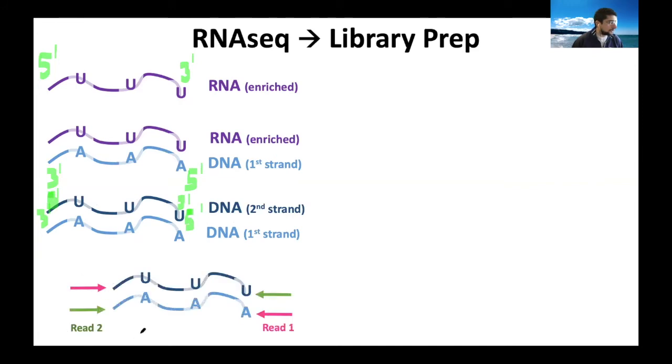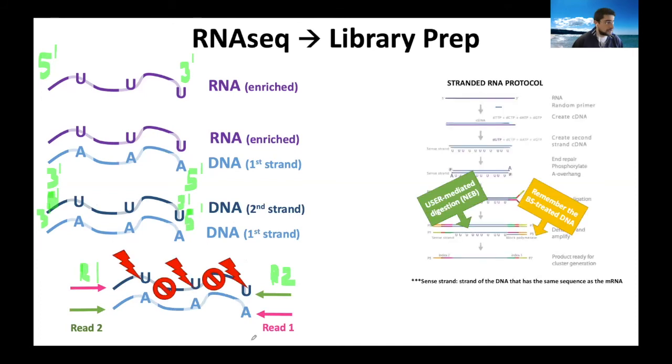So after adaptor ligation, okay, I have my second filament up top with read 1 here and read 2 here, okay? However, this filament gets degraded, okay? So I don't have this anymore because either I'm not able to amplify it or I digest it using this USER enzyme. So what I'm left with is this at the bottom, okay?